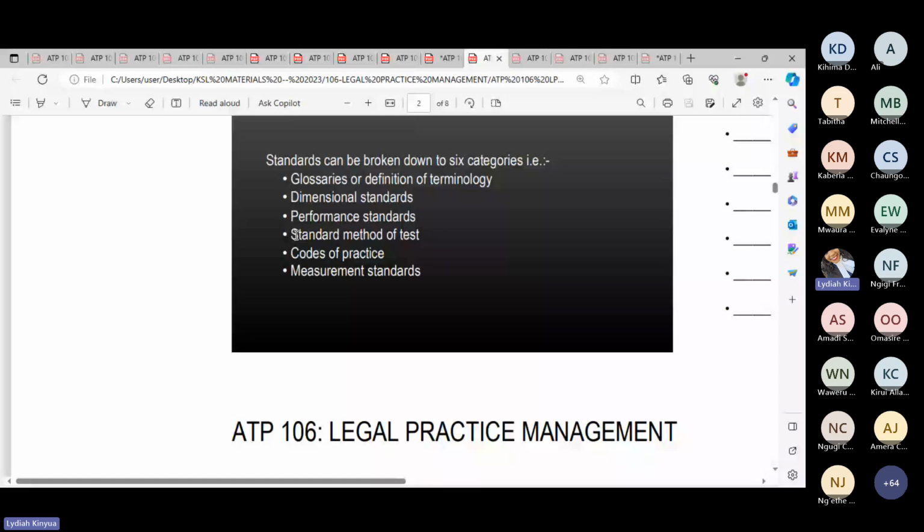We'll be able to see a similar trend. So it becomes a standard that all law schools need to have a library, or that all law schools need to offer family law. So a standard method of test is applied across similar organizations, and results are similar, and therefore it becomes a standard to be adopted by everyone.